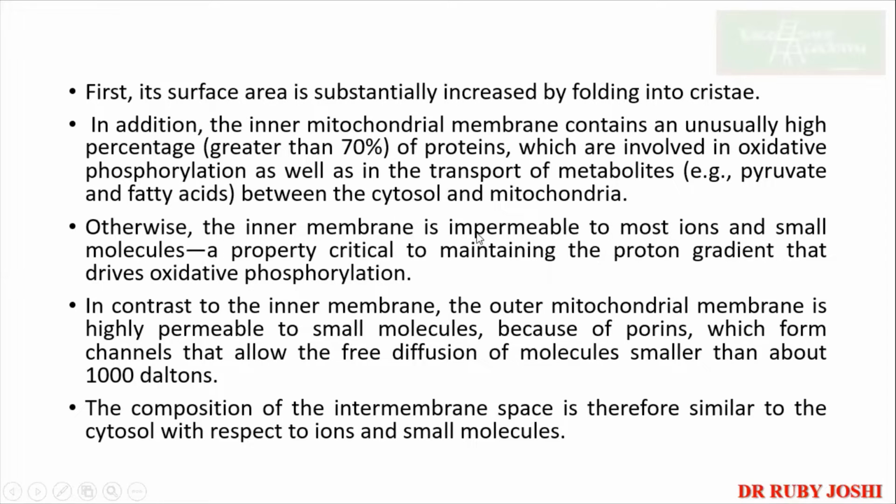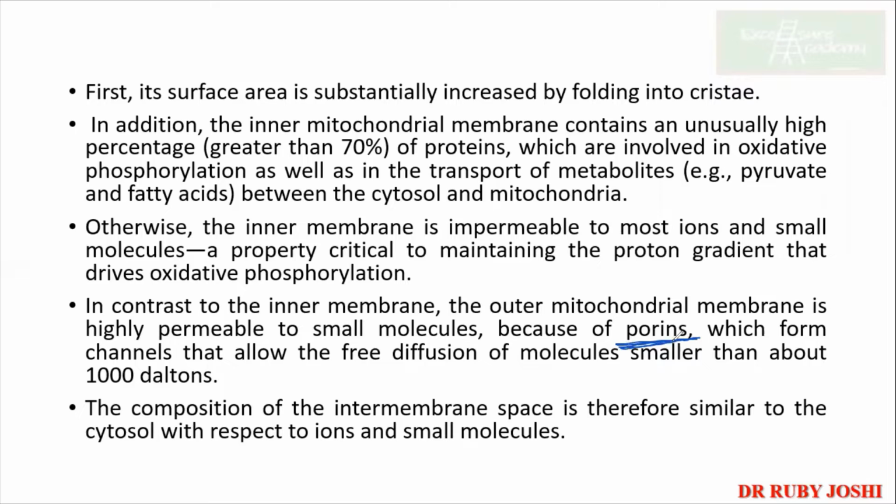Otherwise, the inner membrane is impermeable to most ions and small molecules. So it's a property which is critical to maintain the proton gradient that drives oxidative phosphorylation. Now, compared to the inner membrane, the outer membrane is highly permeable because of the presence of porins. Now, guys, do you remember what porin structures are? Anyone remembers?